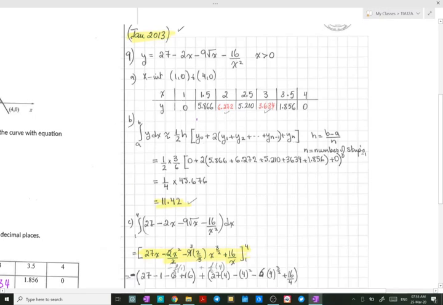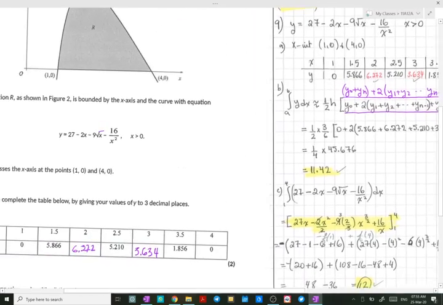So you can write it as y0 plus yn, plus 2 times y1 plus y2, etc., till yn minus 1. You can write it in this manner as it's found in the formula booklet, or you can write it like that. It doesn't make a difference.